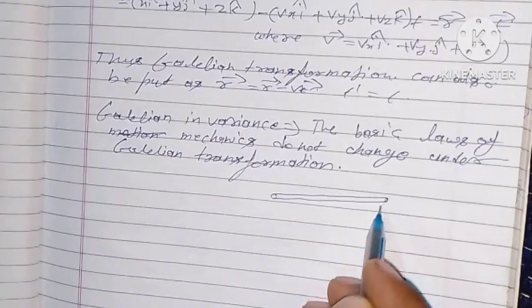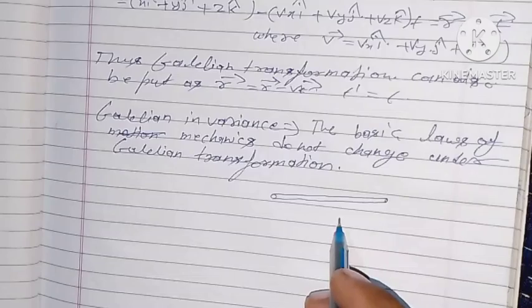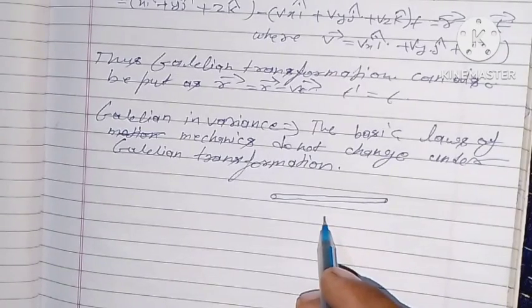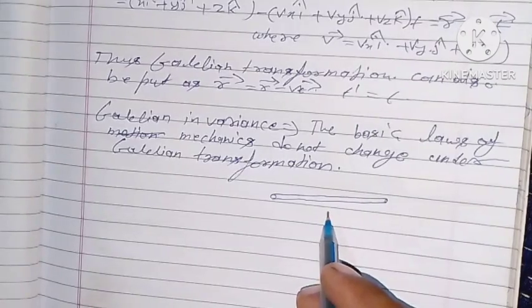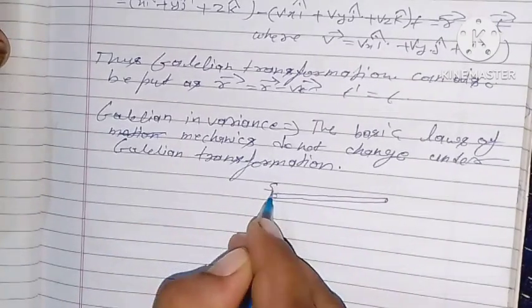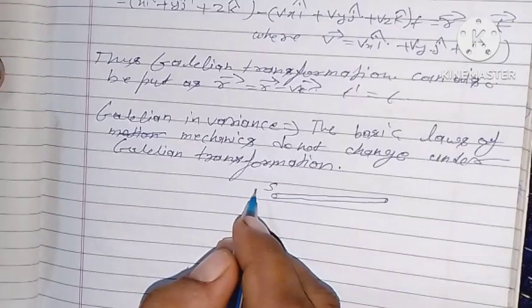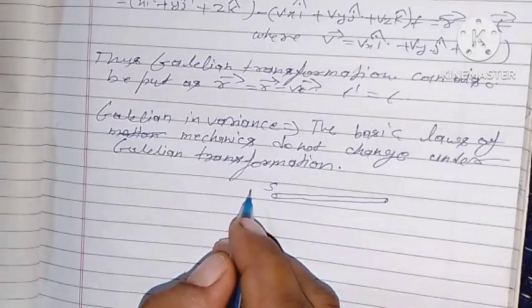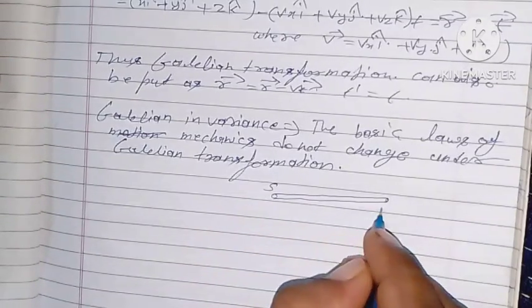Consider a rod at rest in the inertial frame S, having its two ends at the points x2 and x1.